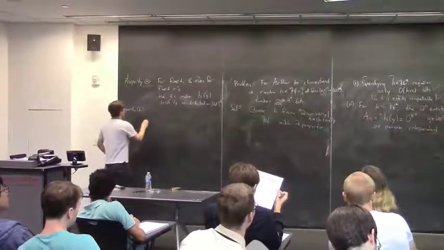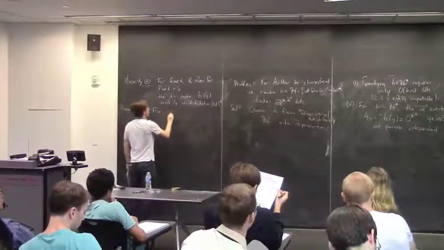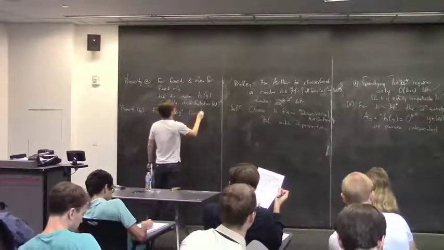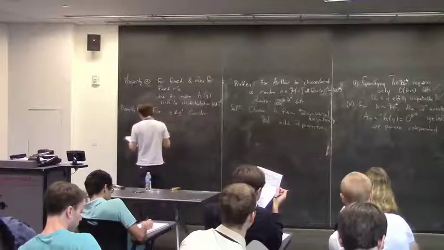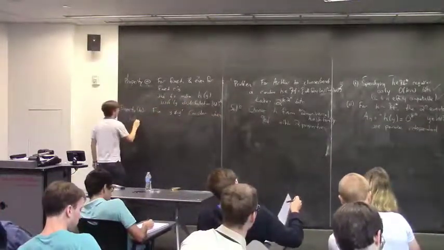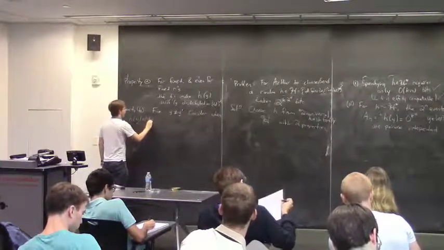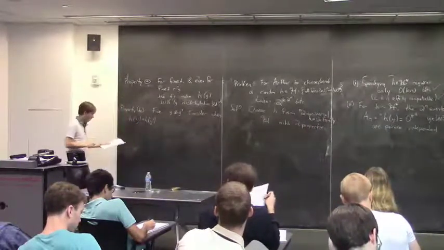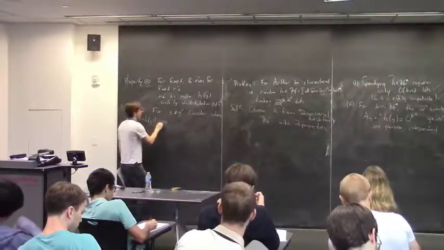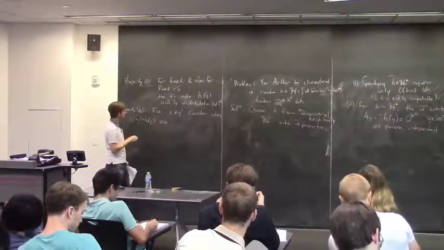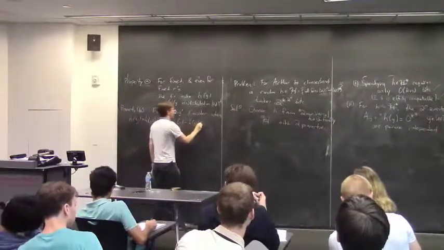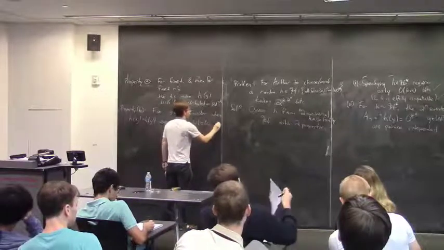So fix two distinct strings y and y prime, and let's consider the event that h of y equals h of y prime. Well, let me do a little syntactic manipulation. This is true if and only if h of y minus h of y prime equals all zeros mod 2.